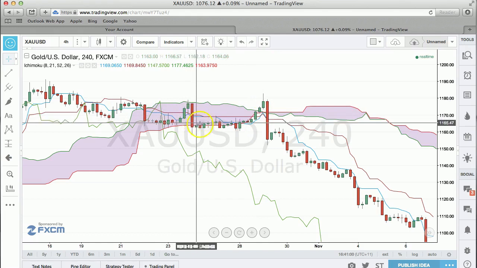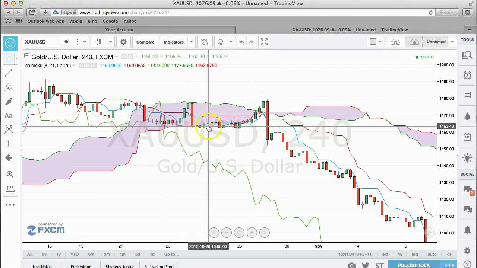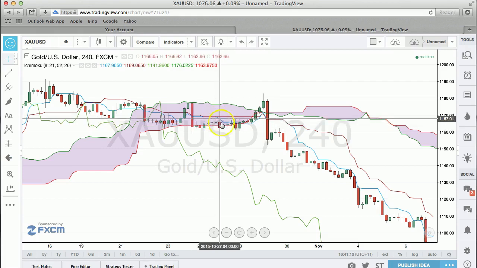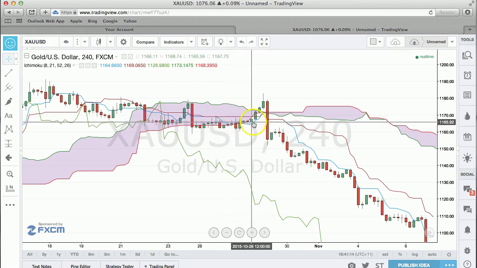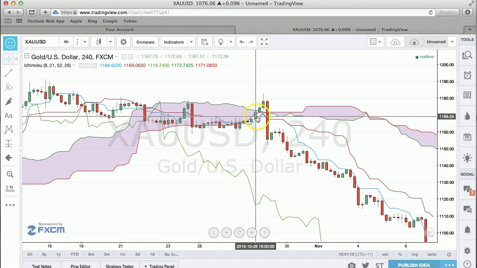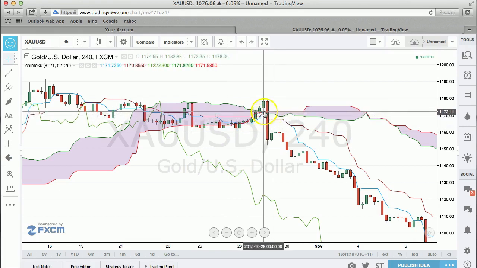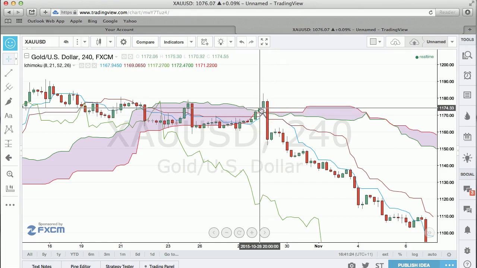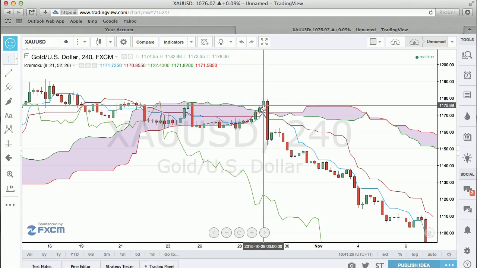Price right here started to close below the cloud, just barely. Yet, the conversion line and baseline had not crossed yet. So you don't have both confirmations. It's playing around in the cloud. It actually goes into the thin part of the cloud where resistance in this case would be weak. It actually closes above the cloud.